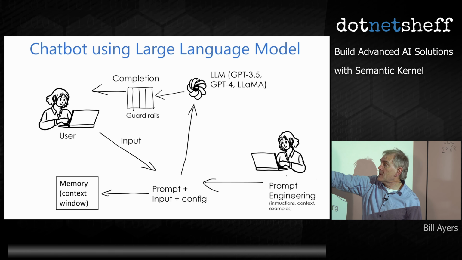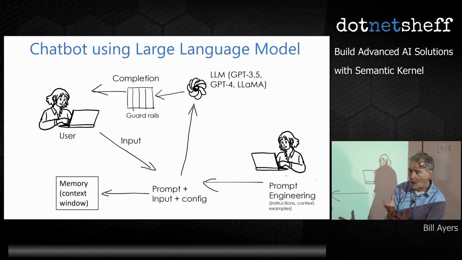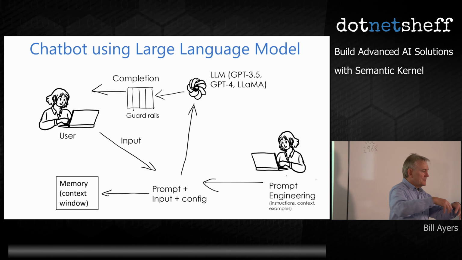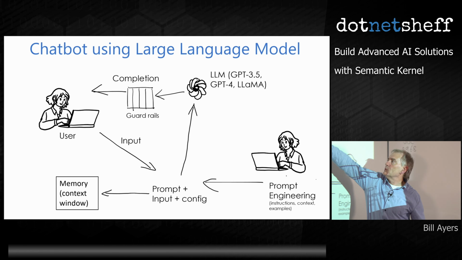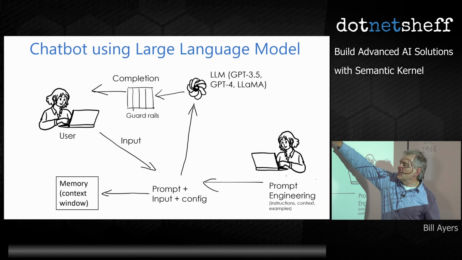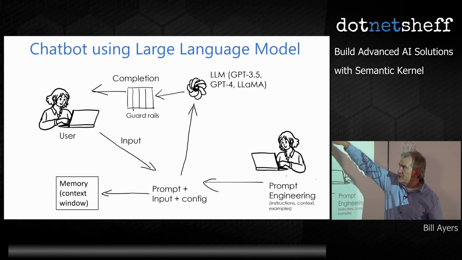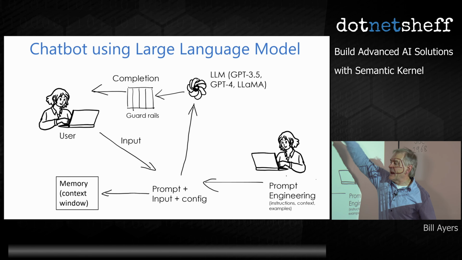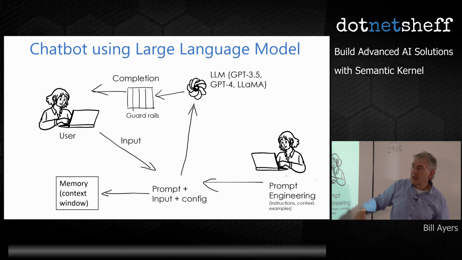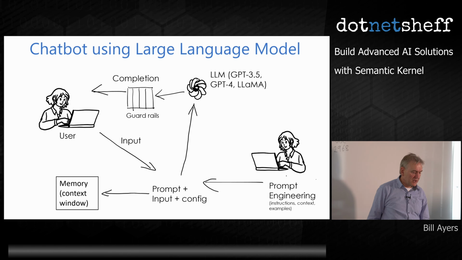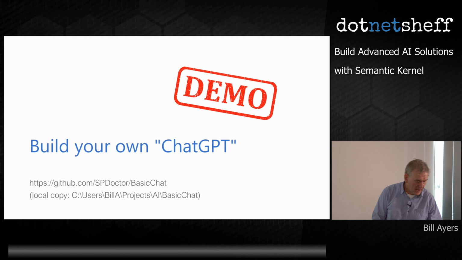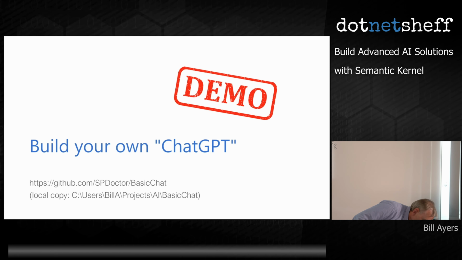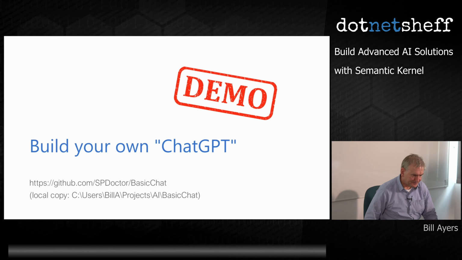So you have both guardrails input and output. So there's a whole set of mechanisms built around this model. So it's not just the large language model. That wouldn't make a very good chatbot. But by the time you've done all this fine tuning to make it a good chatbot, and then you build all this around it, you can come up with a pretty reasonable model. So let's build one using Semantic Kernel.